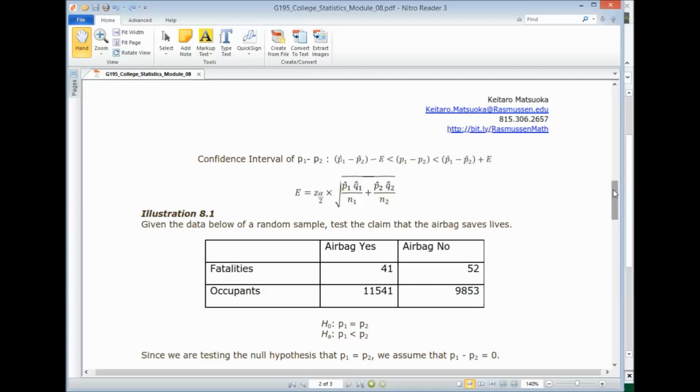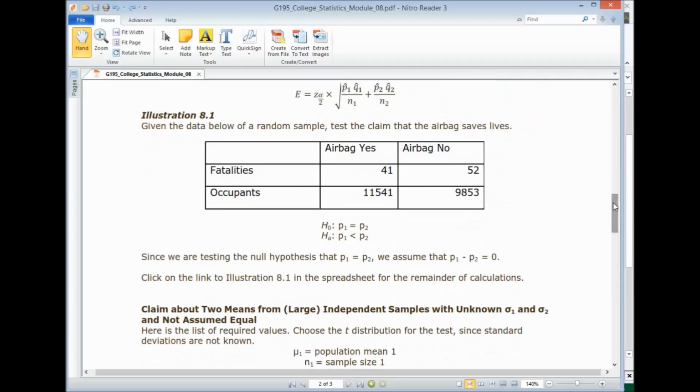So let's look at the first example. Let's say we want to know if airbags do save lives. So we collected the data, and we look at the number of people who die with the airbag. That was 41, and without the airbag there's 52.